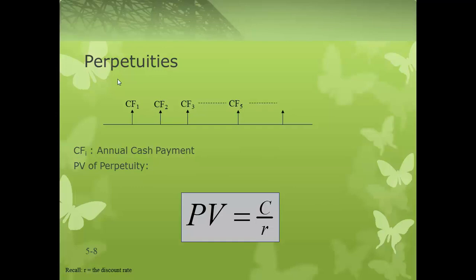We assume for a perpetuity that all these cash flows are the same, and that's called the annual cash payment, C. And if the interest rate is R, the present value of that perpetuity, meaning the single value which would compensate me for this infinite stream of cash flows, will be C over R.